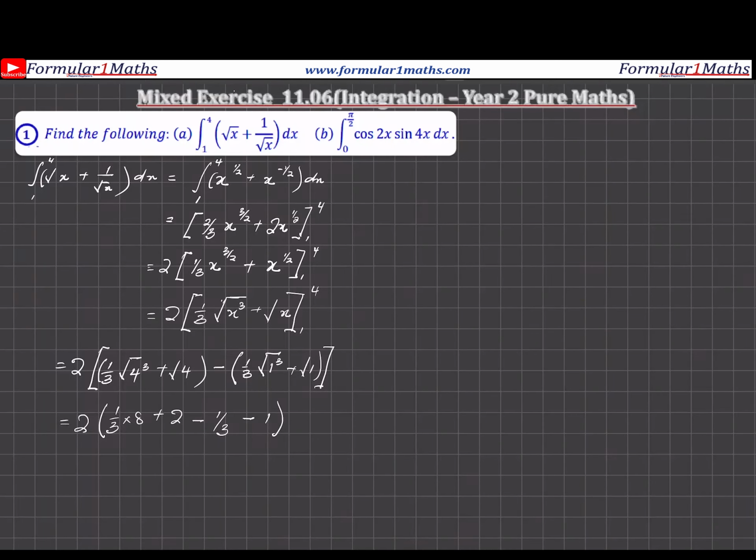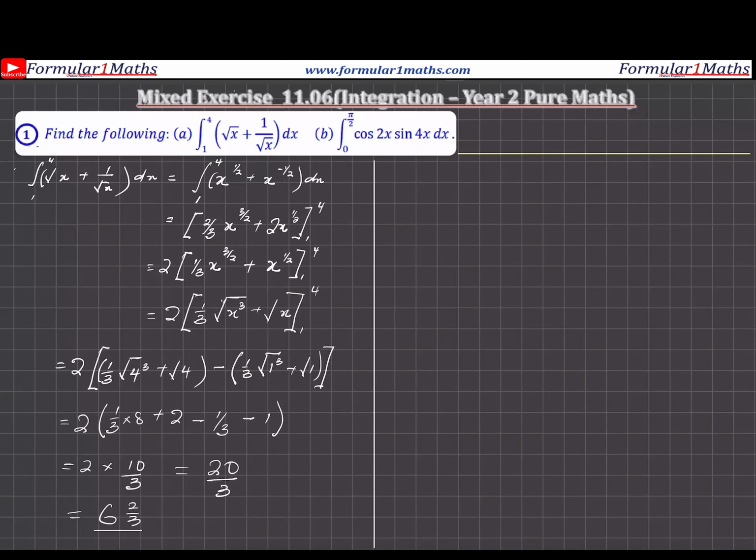And then when you add everything in the brackets, you're going to get 10 over 3. So this will give me 2 times 10 over 3. And finally, you have 20 over 3, which can also be written as 6 2/3. And that is the value required.